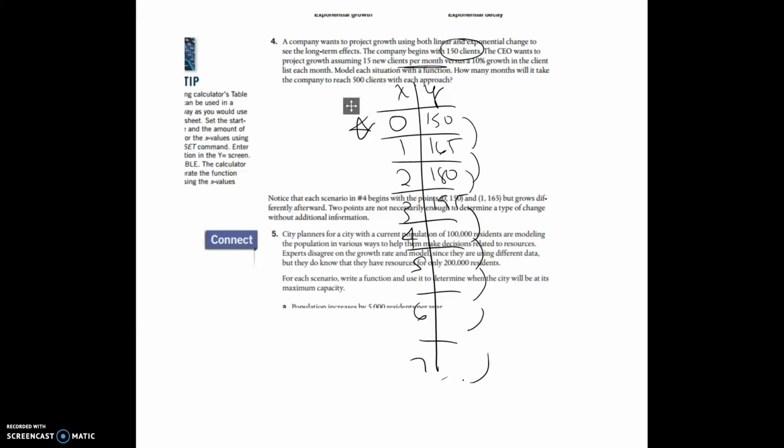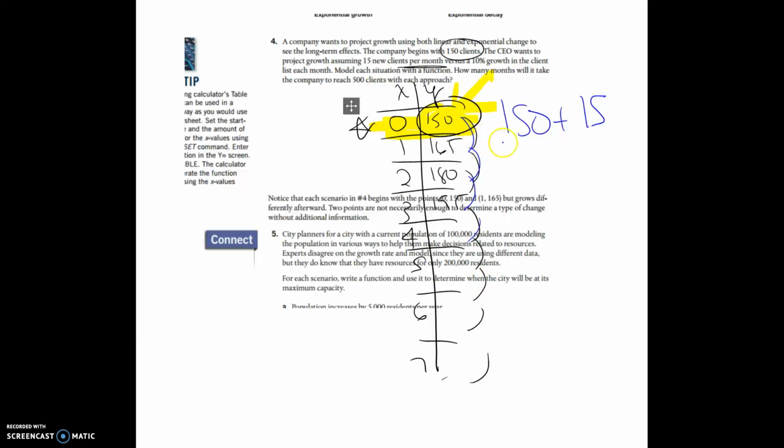So then our goal is to write a formula to predict this. And so again, if we keep adding all the time, it's arithmetic. So our formula would be something like our starting amount, which again, in real life, remember, it starts at 0, but this is the amount that we have at 0. So at time 0, we have 150 people, plus what are we adding over and over and over again? We're adding 15.